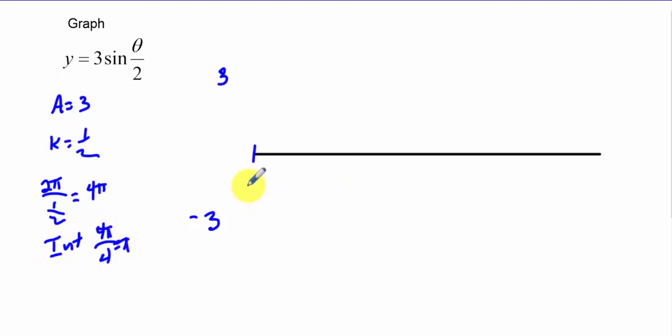So notice I go from 0 to pi to 2 pi to 3 pi and to 4 pi. And what I'm going to get is one sine function within there. So at 0, which is my normal sine value, I multiply that by 3, I get 0. At pi, which is my normal value of 1, I now get 3.